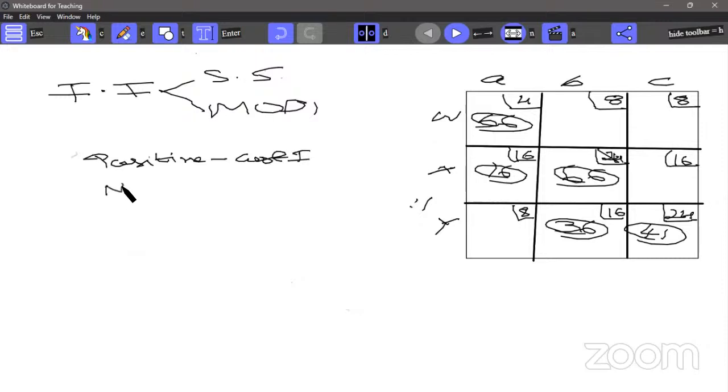If it is 0, the cost will neither increase nor decrease. So where is there a chance of reducing the cost? Is it when the improvement index is negative or positive?